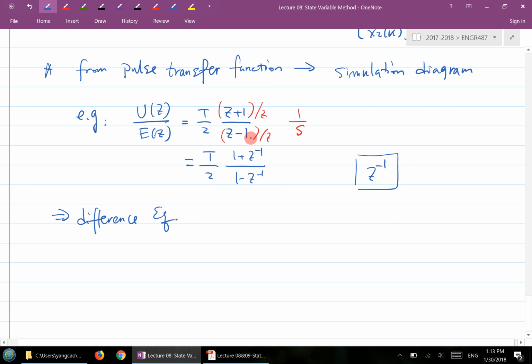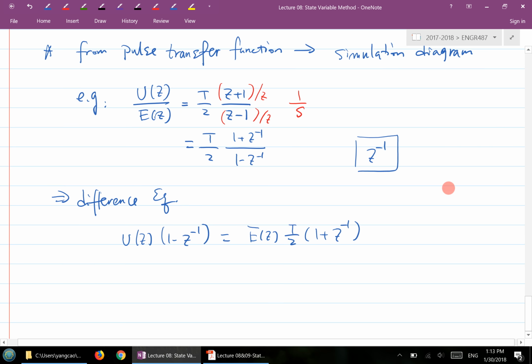So you get u of z times (1 minus z to the power -1), and that equals e of z times T over 2 times (1 plus z to the power -1). After multiplication, you multiply u of z and e of z into the brackets, and then you take the inverse z transform.